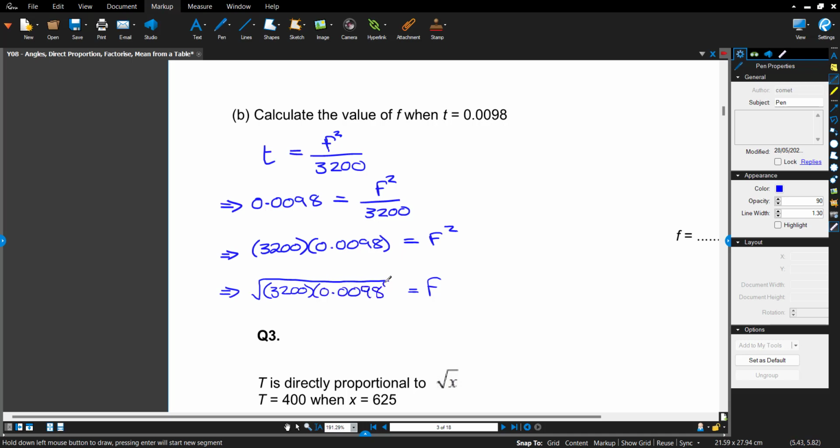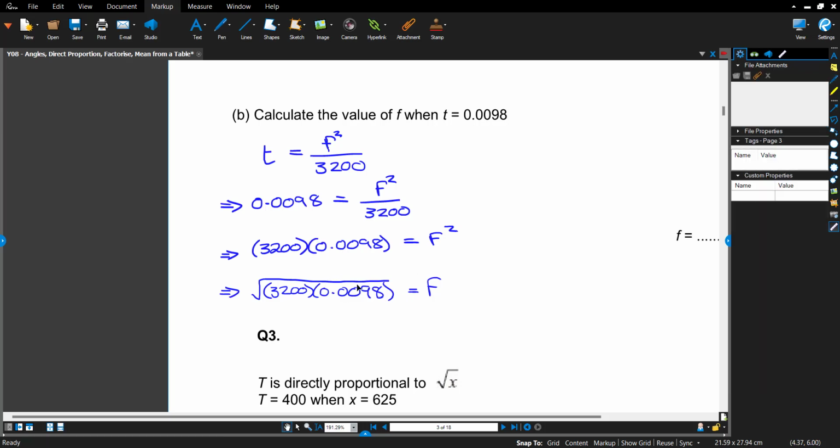Now, that's fine. That's perfect. But I don't know. You guys might actually multiply this out on your calculator. So let's see. If you did, you would have got 31.36, okay?